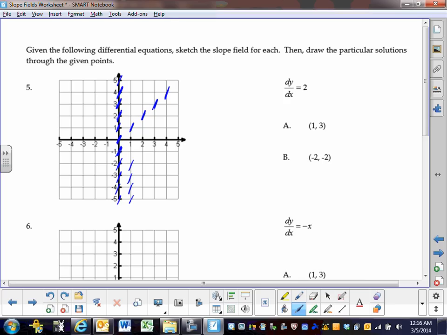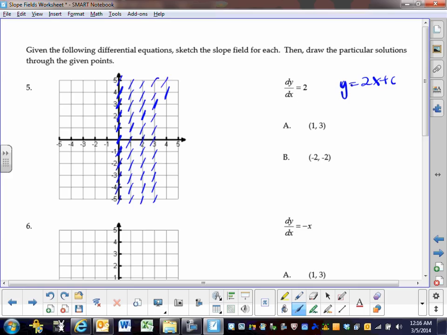So what has a derivative that's always 2? Well, that would mean that y would have to be 2x plus c. So the plus c means that any of these could be our solution.